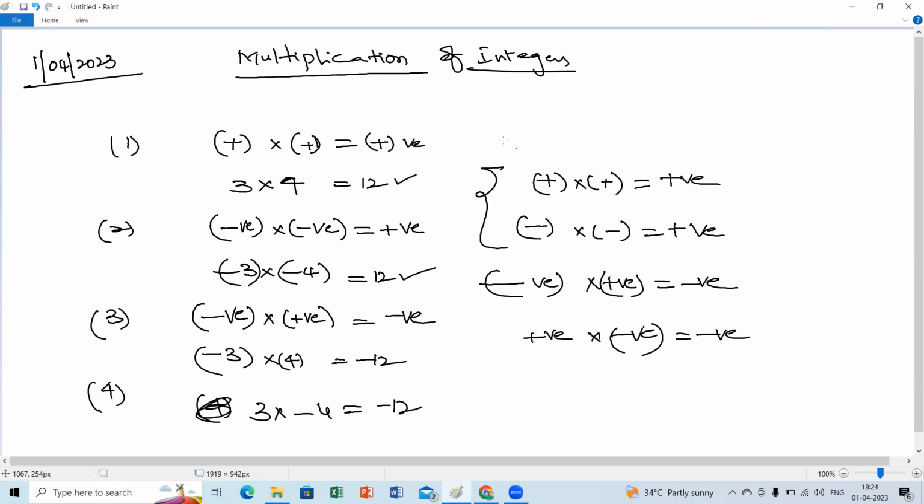Like signs, you will get positive. Unlike signs, opposite signs, you will get negative. Please remember these points.